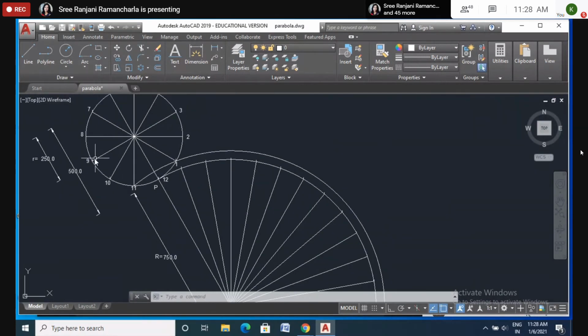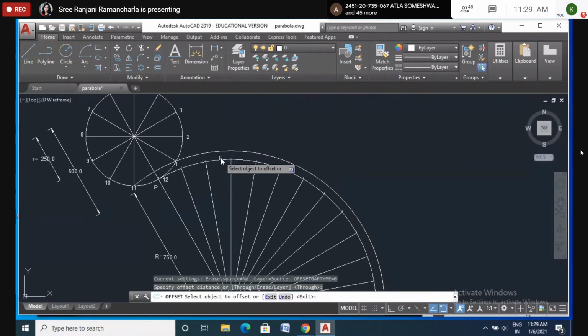Similarly from 9, O to 9 as a radius, draw the curve so that it passes through 3. See how I am doing. Instead of doing it like that, I am drawing the offset.